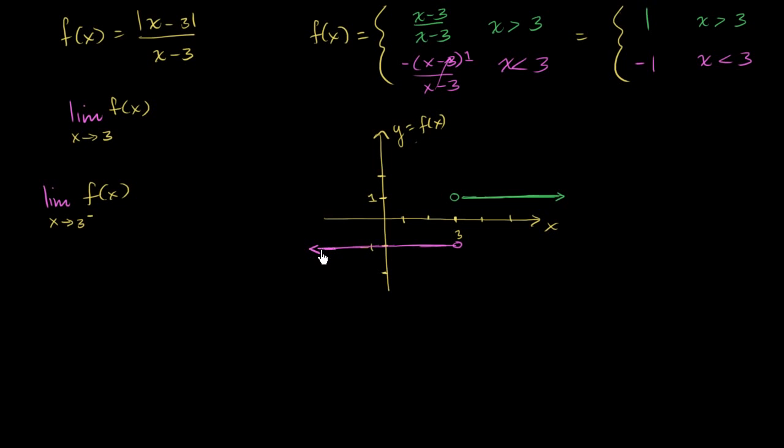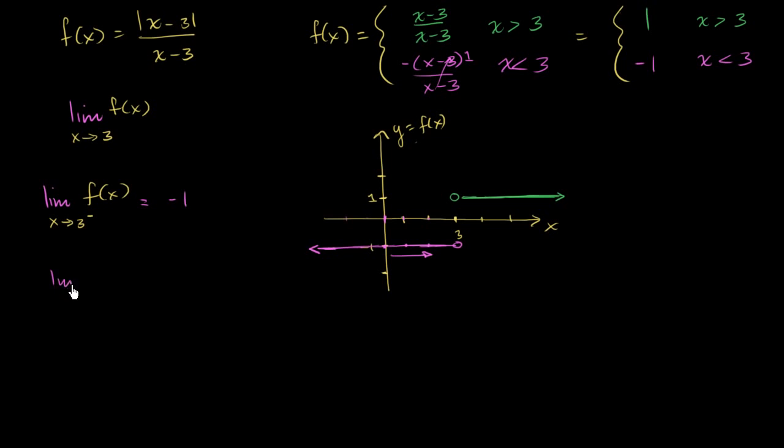If we start with values lower than 3 and get closer and closer, say we start at 0, f of x is equal to negative 1. We go to 1, f of x is negative 1. We go to 2, f of x is negative 1. If you go to 2.999999, f of x is negative 1. So it looks like it is approaching negative 1 from the left-hand side.